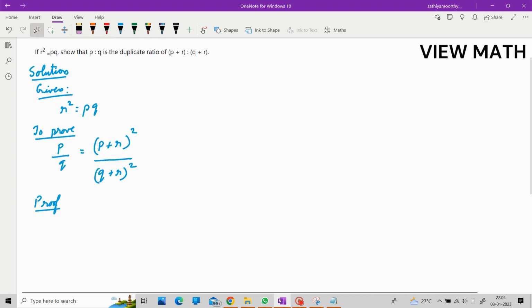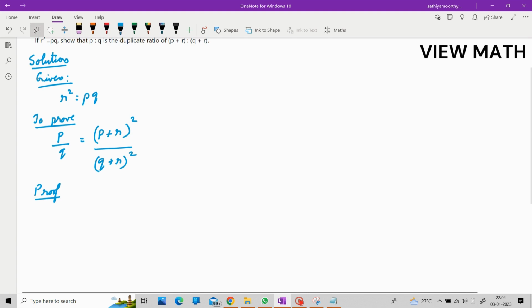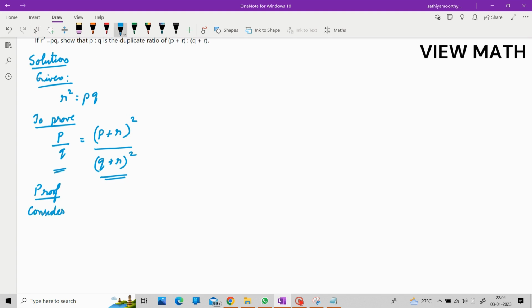I'm going to take the right hand side. I'm going to show that the right hand side is equal to left hand side. Consider the right hand side. That is p plus r the whole square by q plus r the whole square.